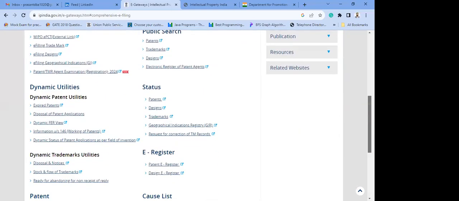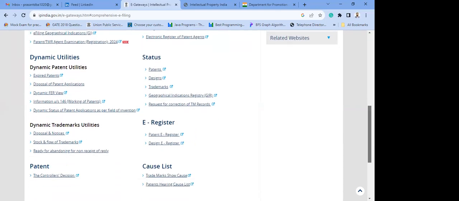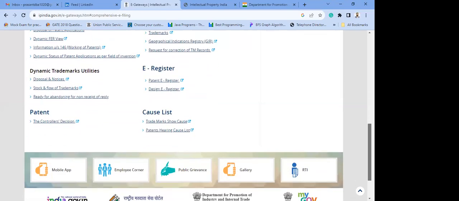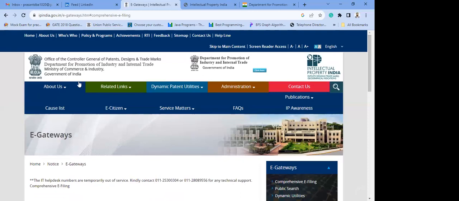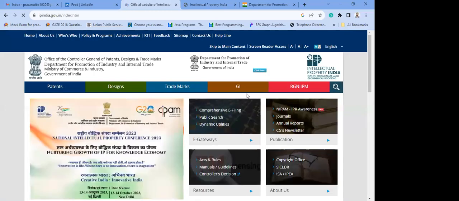We can check the status of every patent here. This is the e-register registration process, patent details, and trademark utilities; we can check everything area-wise.